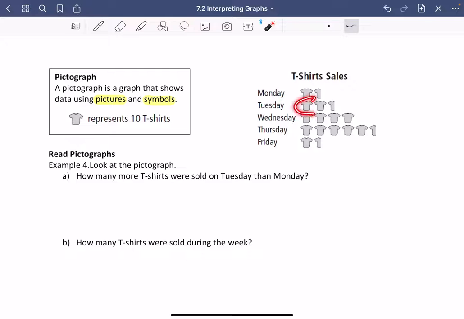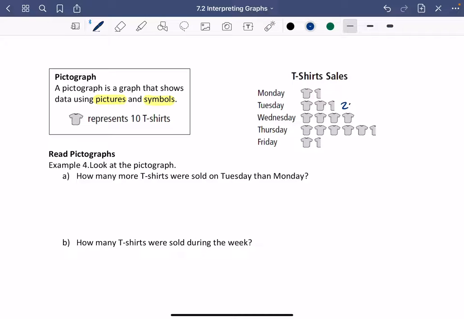On Tuesday, how many t-shirts do we have? We have 1, 2, 2.5, and each one represents 10 t-shirts. So that would be 10, 20, and half of 10 is 5, so 25.